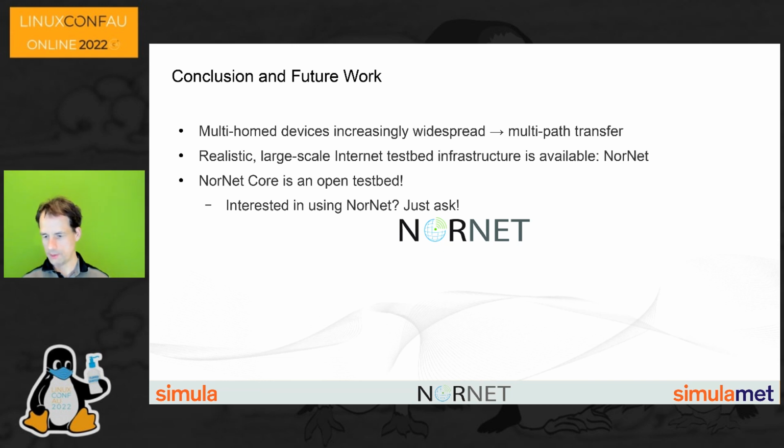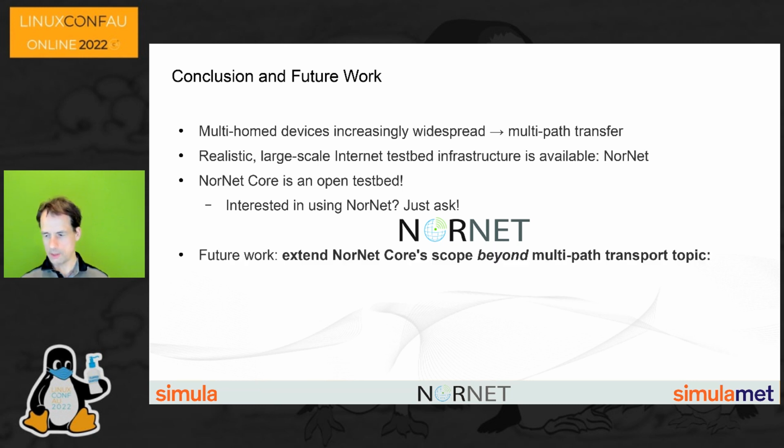So if you are interested in doing research in NorNet, of course, it's possible to join NorNet Core and also use this testbed infrastructure. So quite interesting thing to do, particularly if you are doing research on networks, particularly with multi-homing, but also around routing and such.